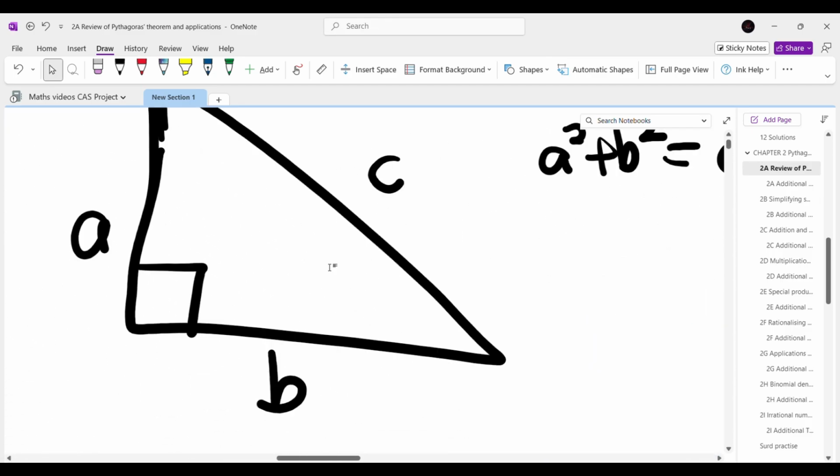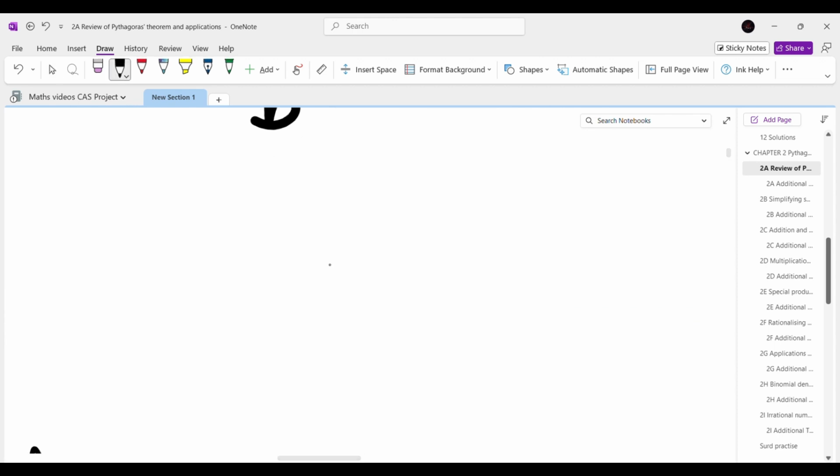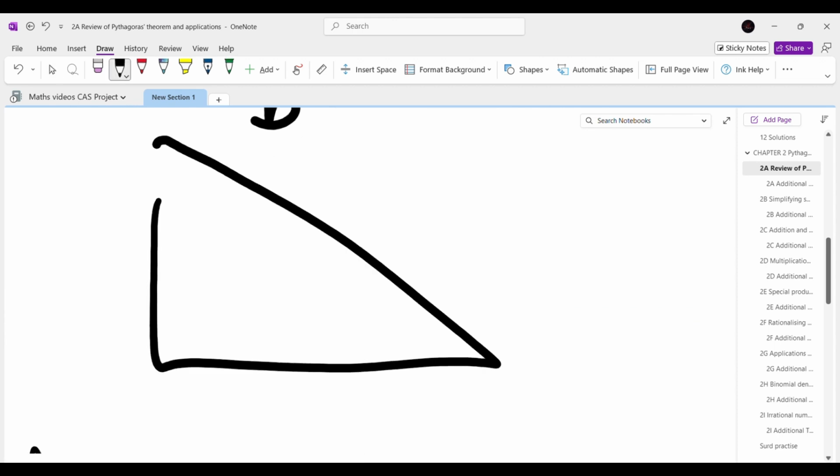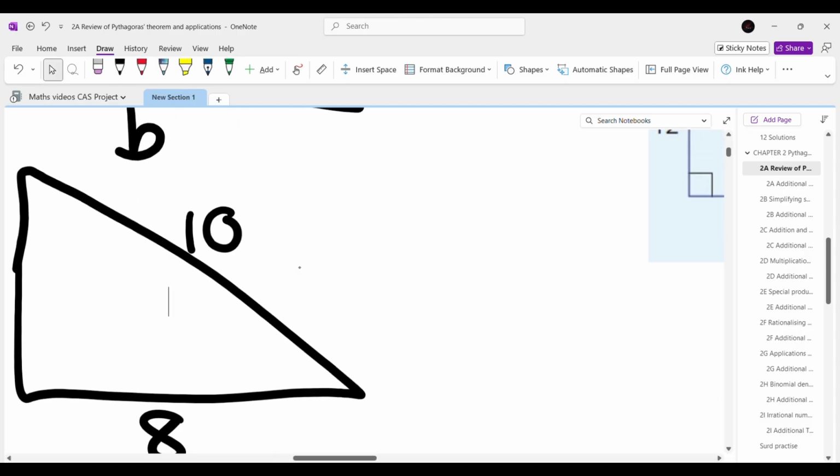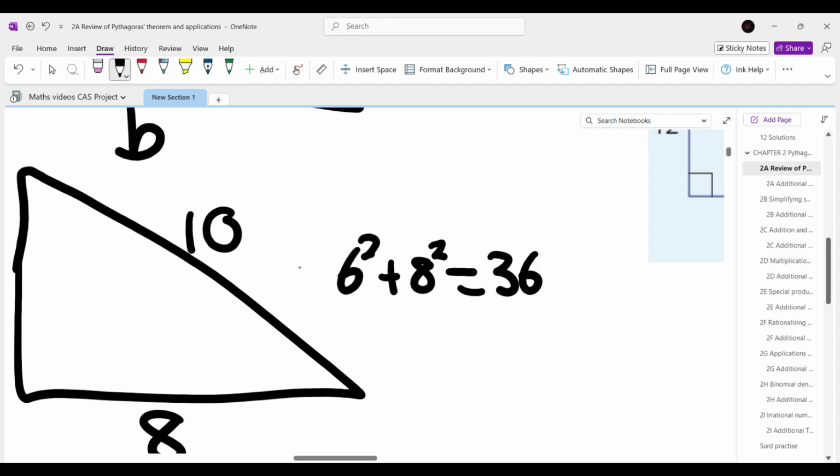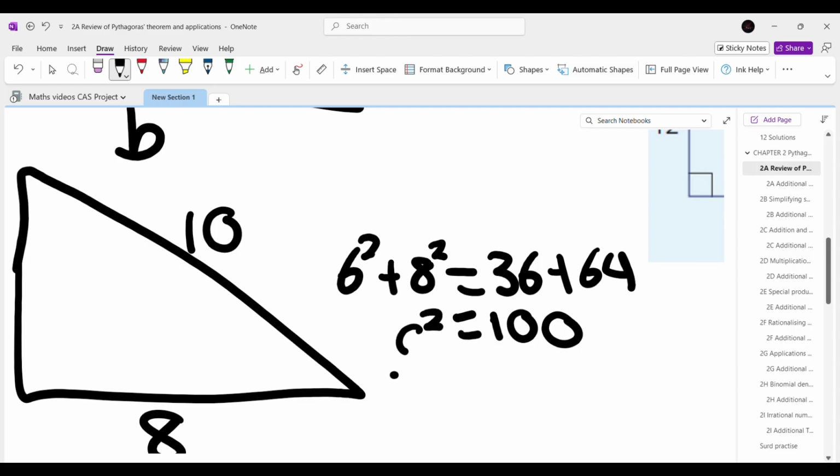Obviously, we can use this to solve pretty famous Pythagorean triplets. For example, there's a triplet of 6, 8, and 10. This works because 6 squared plus 8 squared equals 36 plus 64, which equals 100, which is c squared in this case.